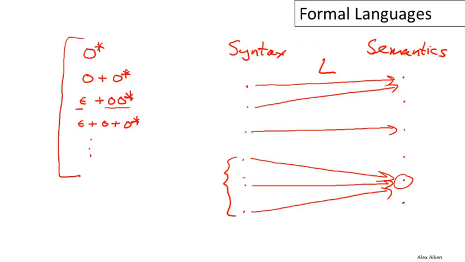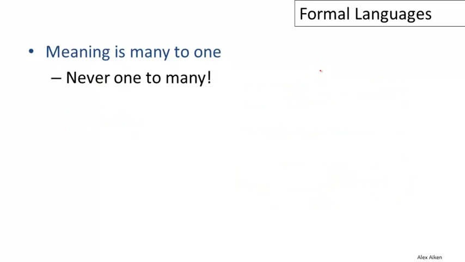The fact that there are many different programs that are functionally equivalent is what allows us to substitute one program that runs faster than another. That's what allows us to replace one program with another if it runs faster and does exactly the same thing. Otherwise we couldn't do optimization. The reason we can do optimization is precisely because the meaning function is many to one.